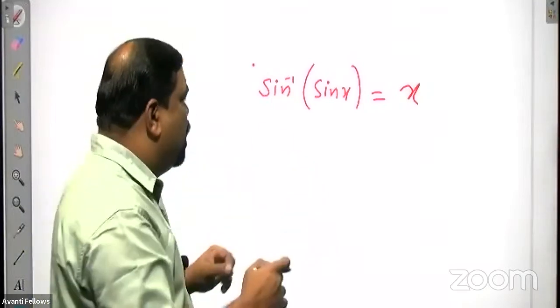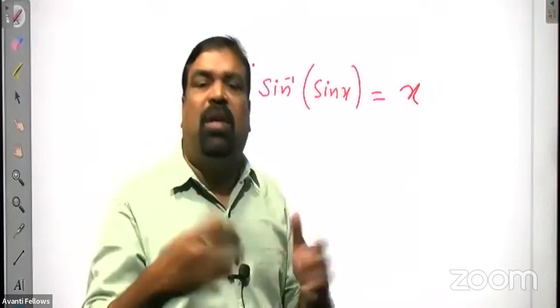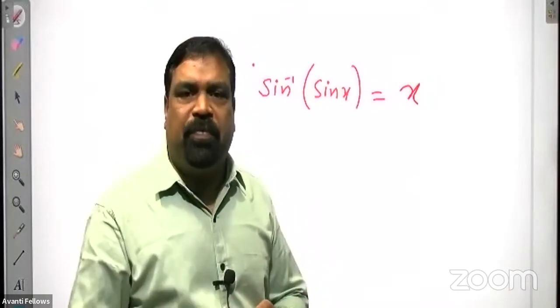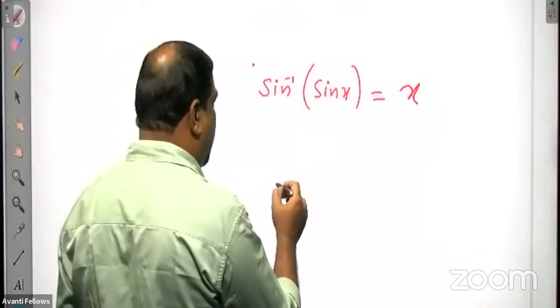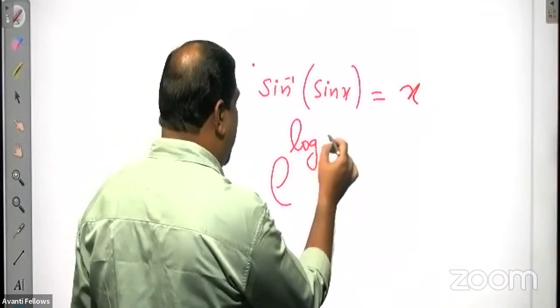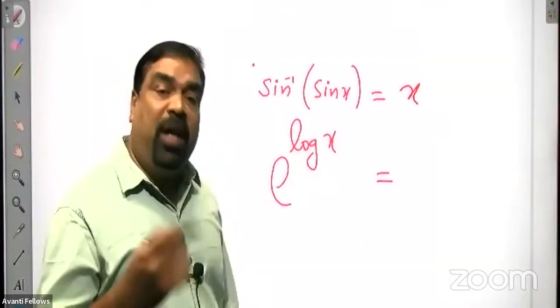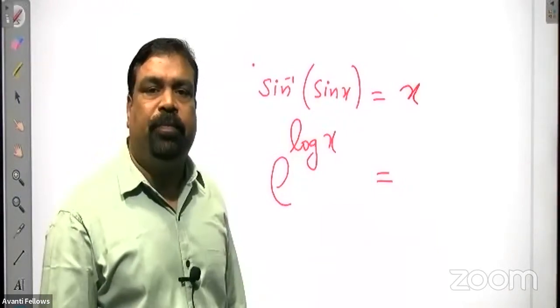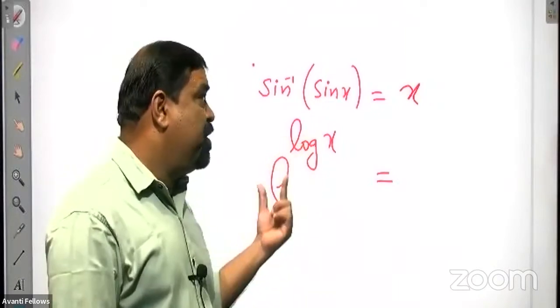The same idea, because we know e raised to x and the logarithmic function log x are inverses of each other. So if I apply this idea, what can we write here? e raised to log x must be equal to, remember, e and log both are inverses of each other.